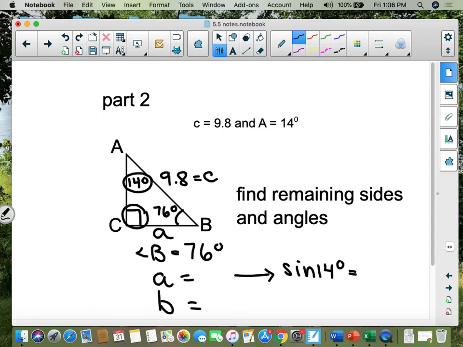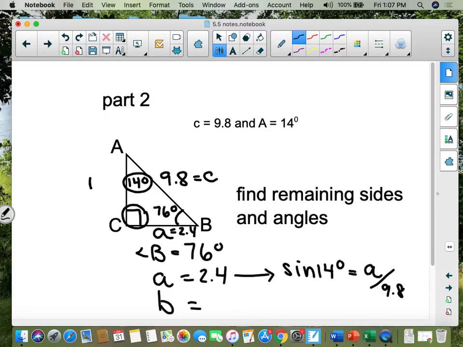Isn't the sine of 14 degrees the side opposite over the hypotenuse, or A over 9.8? So in order to get A, all you do is take the sine of 14 on your calculator and multiply it by 9.8. You're going to get 2.4 for this one, which is this side right here.